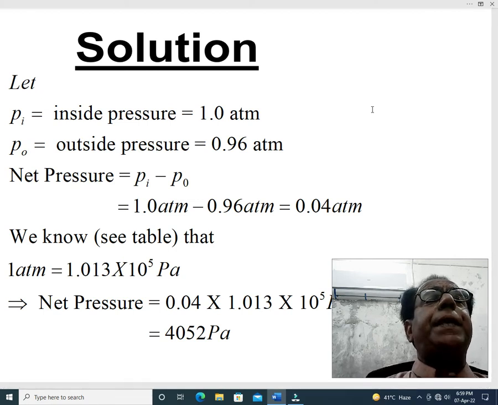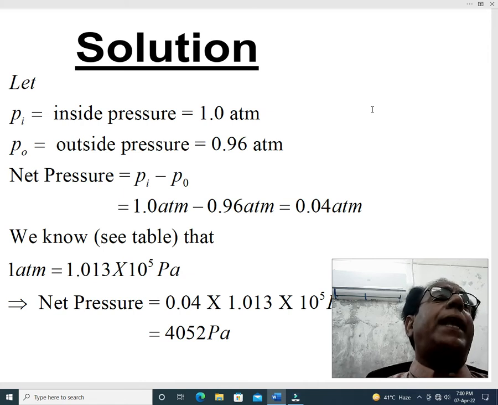So instead of P naught we should designate this symbol as PO, outside. Inside pressure Pi equals 1.0 atmosphere, and outside pressure PO equals 0.96 atm, atmosphere.